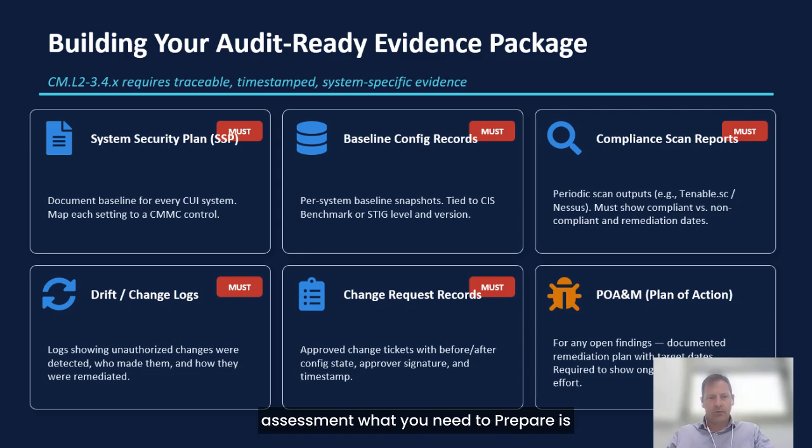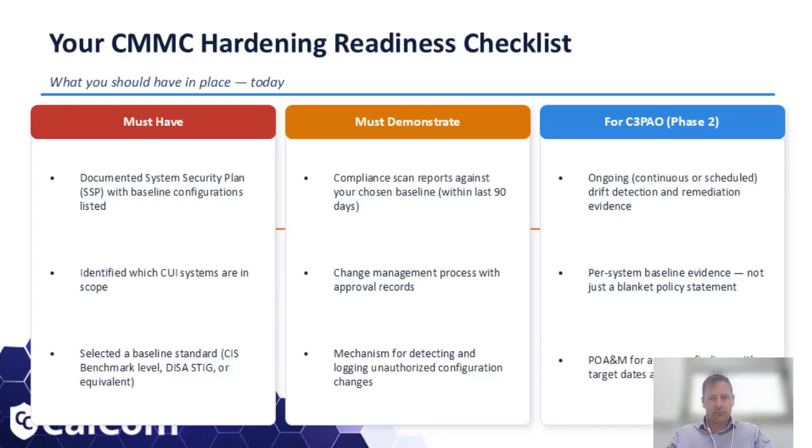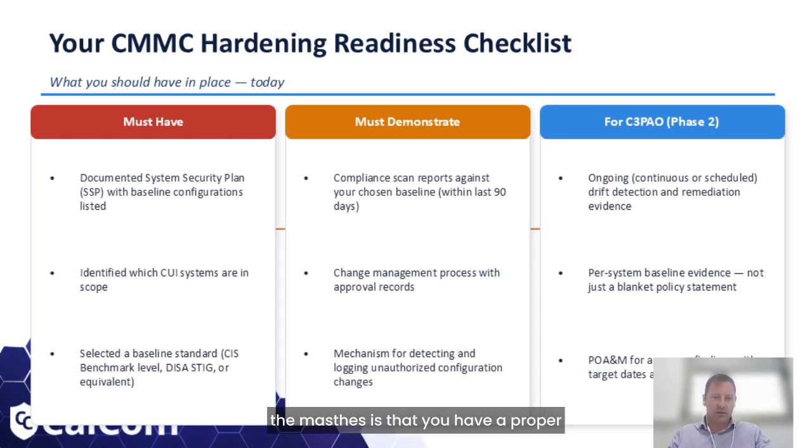What you need to prepare is not just the list that I showed before. This is the list of must-haves: you have a proper security plan with the baseline configuration listed.